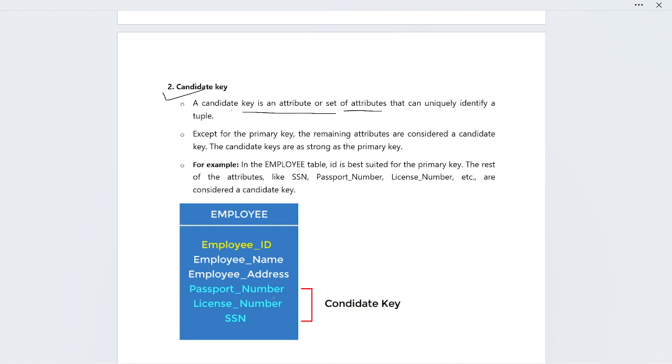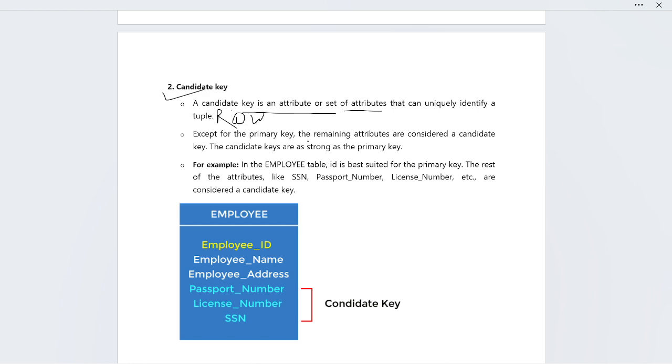If more than one key is there that uniquely identifies the tuple, meaning the row. Tuple means nothing but a row. So any attribute or set of attributes that defines the tuple uniquely is a candidate key.